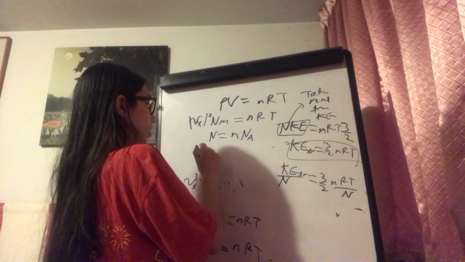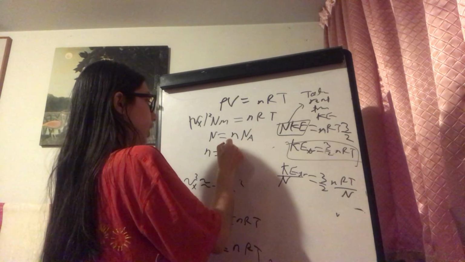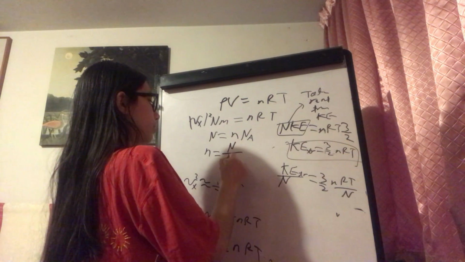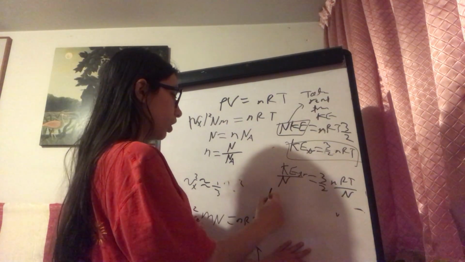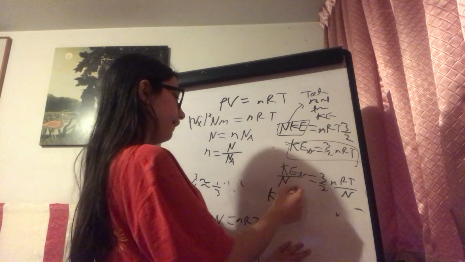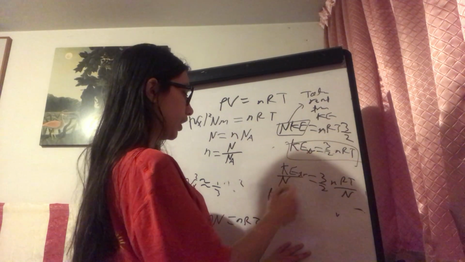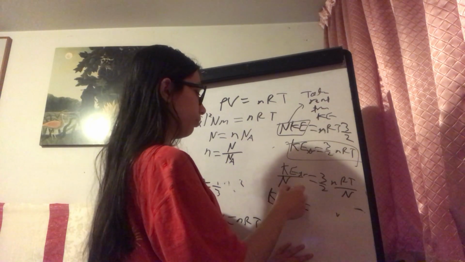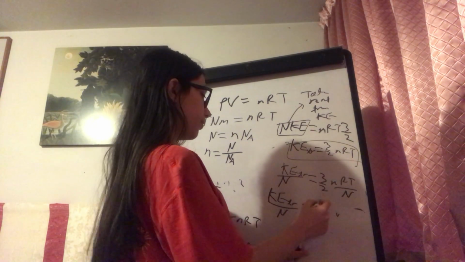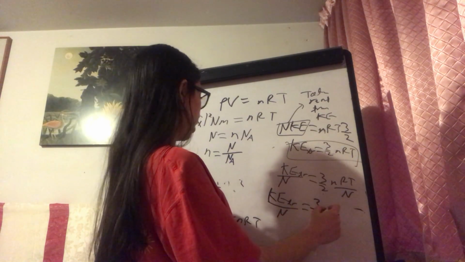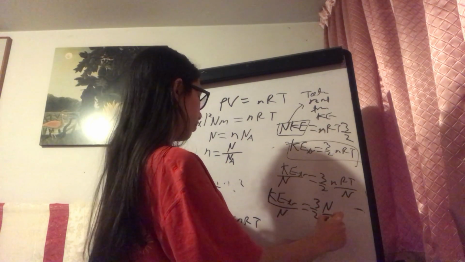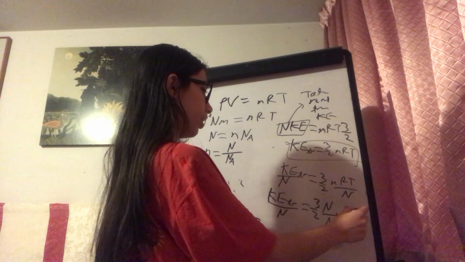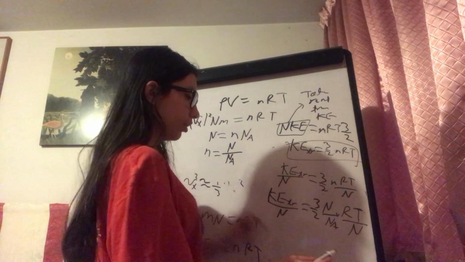Then n, the number of moles, is equal to N divided by Avogadro's number. So here we have the translational kinetic energy of one molecule is equal to 3 halves of the number of molecules divided by Avogadro's number times RT divided by the number of molecules.